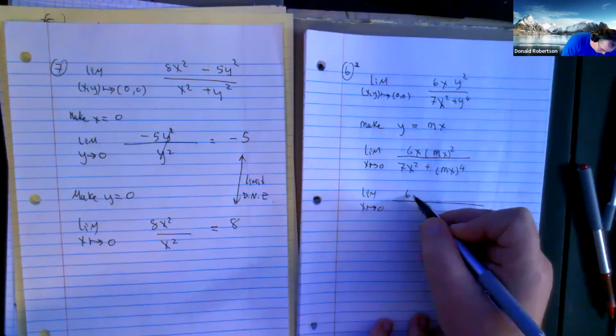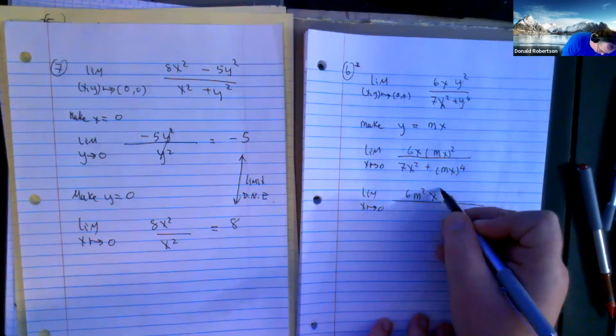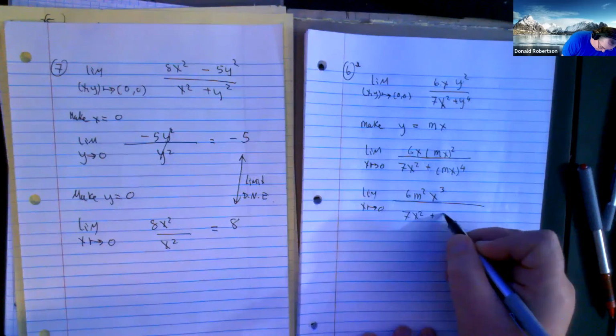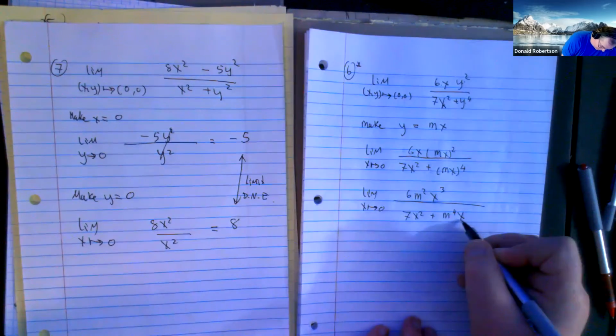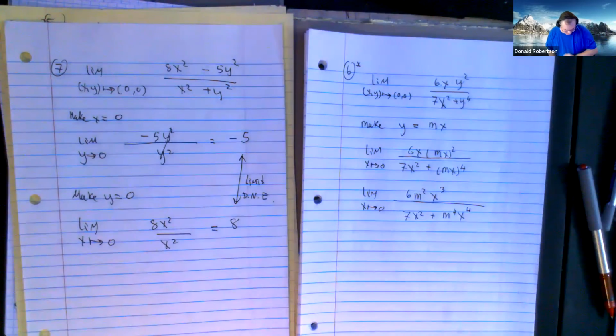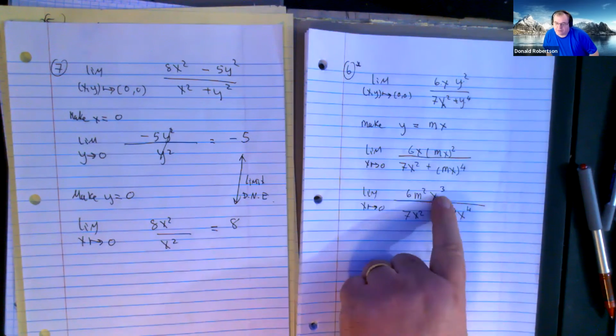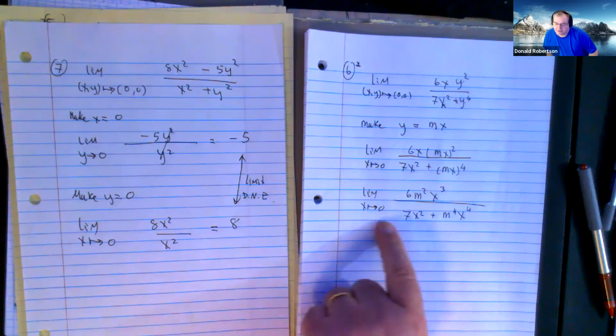It's going to be 6m squared x cubed over 7x squared plus m to the 4 x to the 4. So far, so good. Right. Replace the y by mx. Multiply it out and combine it best way you can.